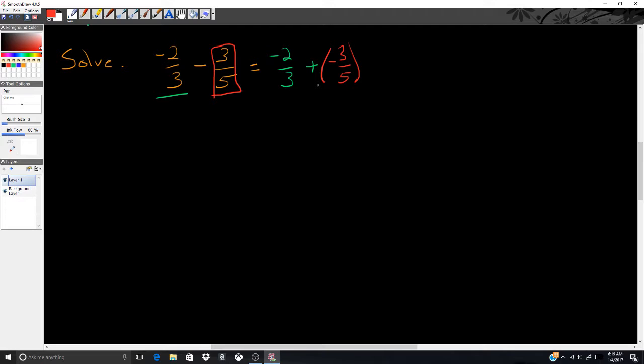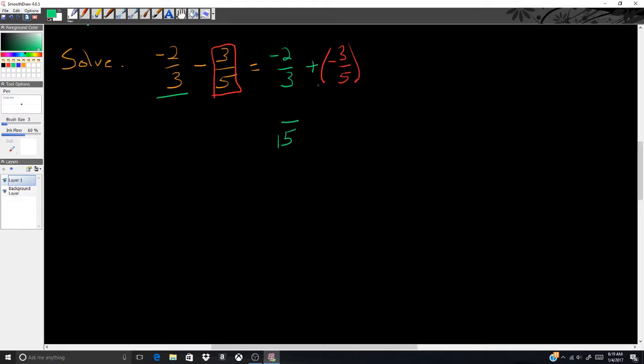But remember, when you're adding and subtracting fractions, you've got to have like denominators. So right now our denominators are 3 and 5. So they're not the same. So I'm going to do the simple method, which is I'm just going to multiply the 3 and the 5 together to get a common denominator. If I multiply those together, what you get is 15.